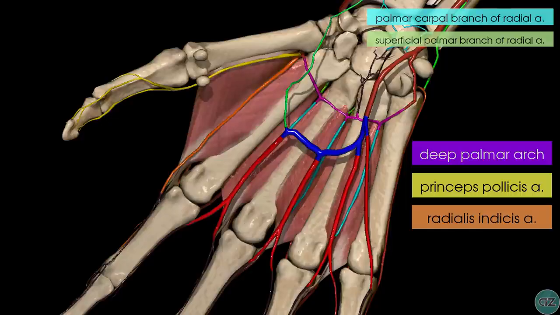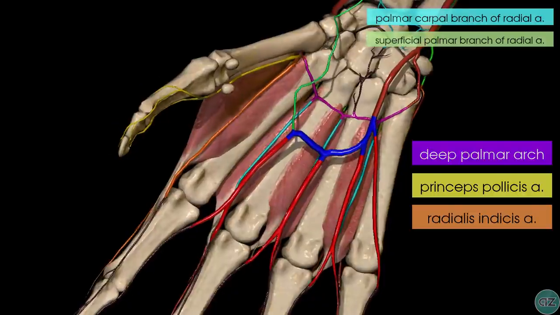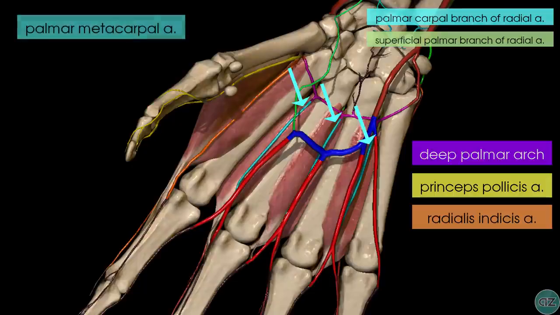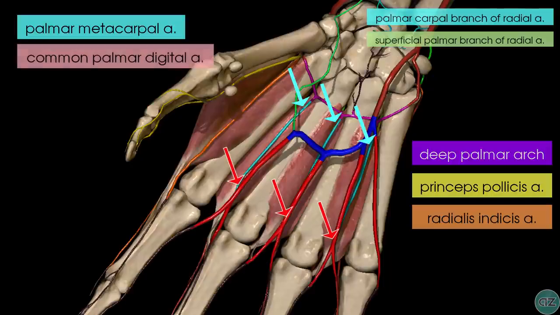We've already taken a look at some of the branches of the deep palmar arch, but again to reiterate, just rotating the model of the hand around a bit, you can see these branches in light blue colour coming off the deep palmar arch. These are the palmar metacarpal arteries, and there are three of these which anastomose with the common palmar digital arteries arising from the superficial palmar arch.